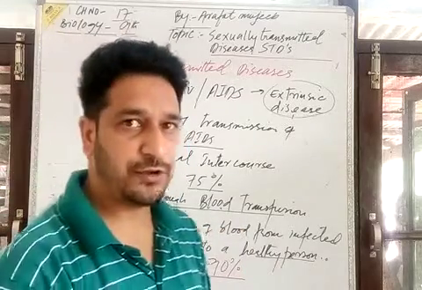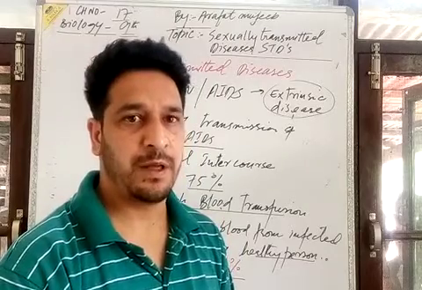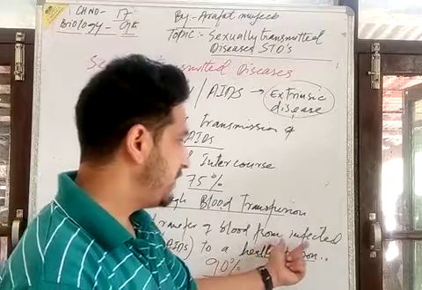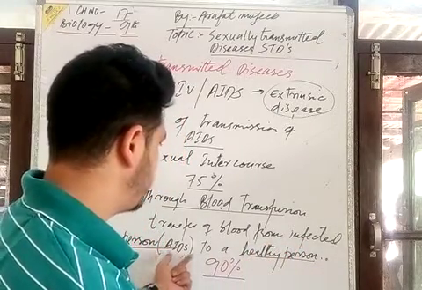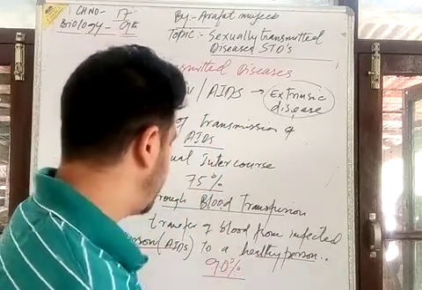If there is a transfusion of blood without detection by means of medical protocols, and a careless transfusion of blood from the AIDS-infected person to the healthy person, there is a 90% chance of getting AIDS.